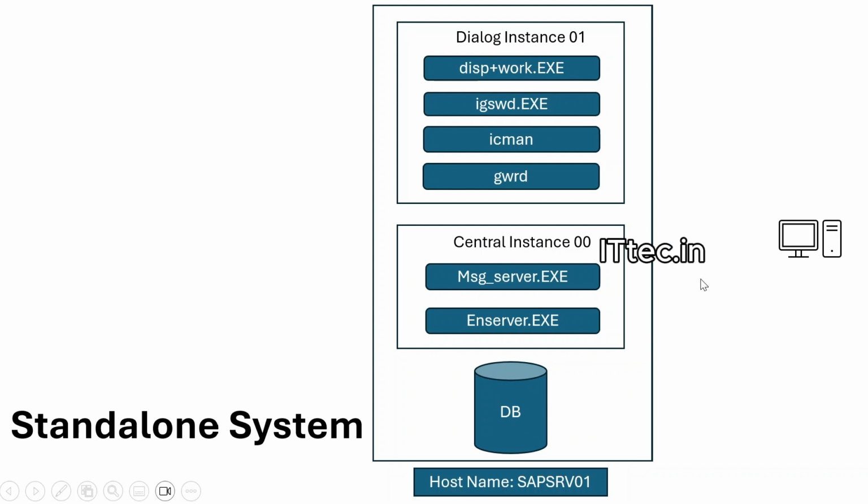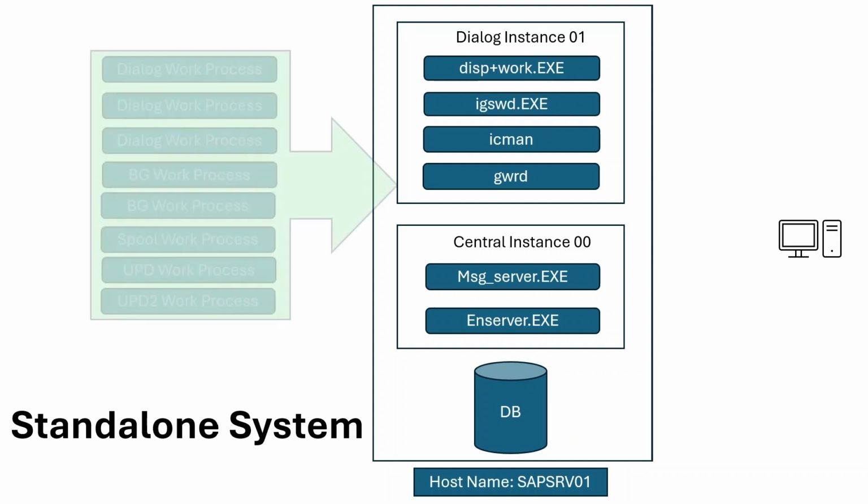The same data cannot be edited by others, right? Because I am already changing it. If in the meantime somebody else changes it, it will create a conflict, right? So then what happens? The enqueue server keeps a lock that this data is being changed by someone, so nobody else should edit that data. Let's see how it works in real life.